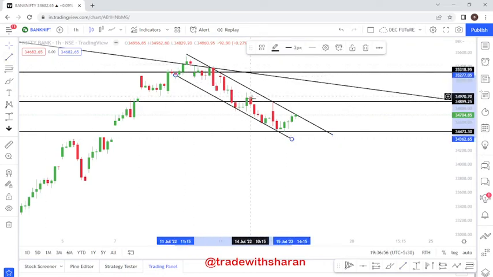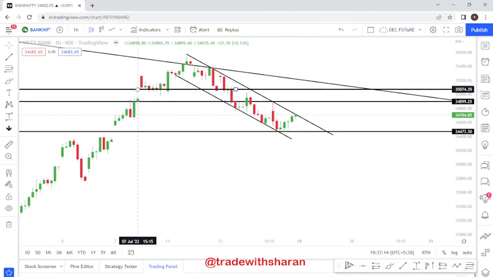This is some channel it is moving. So if it breaks this level and starts moving, which is your Friday's high, we would like to see it move above for at least 200-300 points on the upper side, right? Or at least maybe about 200 points before it hits this particular resistance, right? So these are my trade setups.